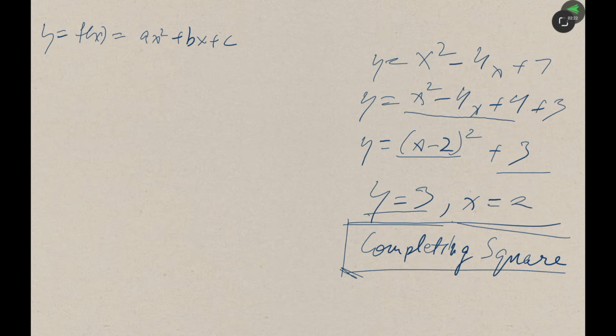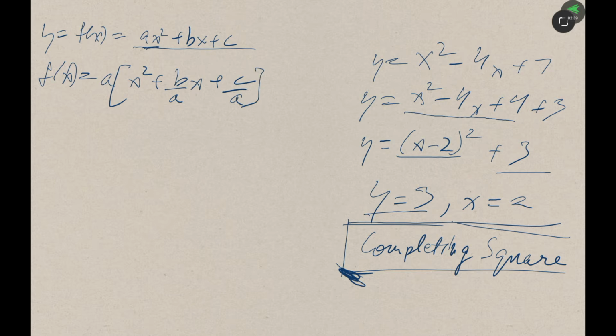So for this method to work, we have to make the coefficient of x squared 1, but right now it is not 1. So we have to take this a out from this whole expression. Then we will be left with a times x squared plus b over a times x plus c over a.